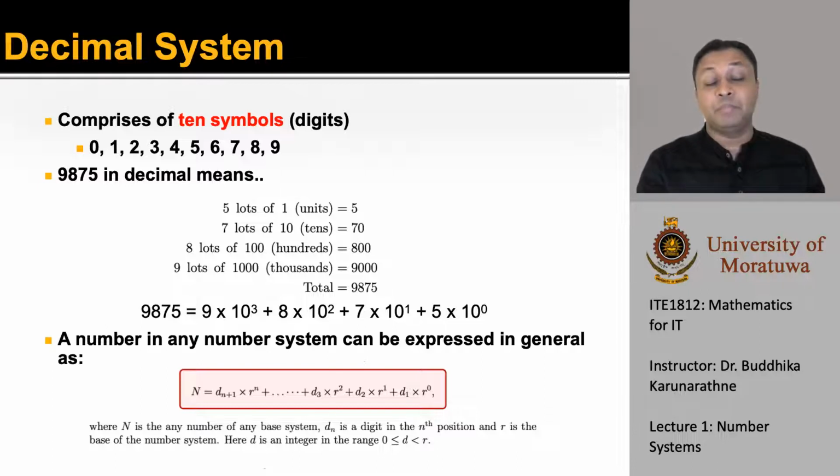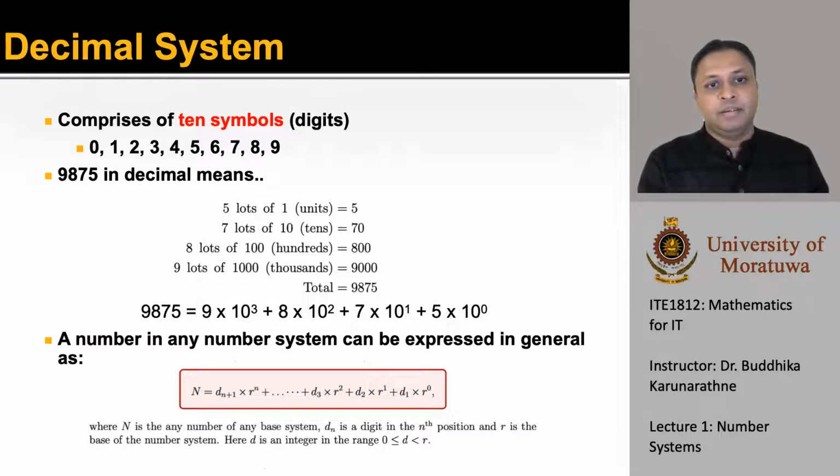It has its absolute value as well as the place value. If you take the digit 5, its absolute value is 5 and the place value is 1. So you multiply 5 by 1 and you get the value 5. And if you take the digit 7, the absolute value is 7, the place value is 10, and you multiply 7 by 10 to get 70.